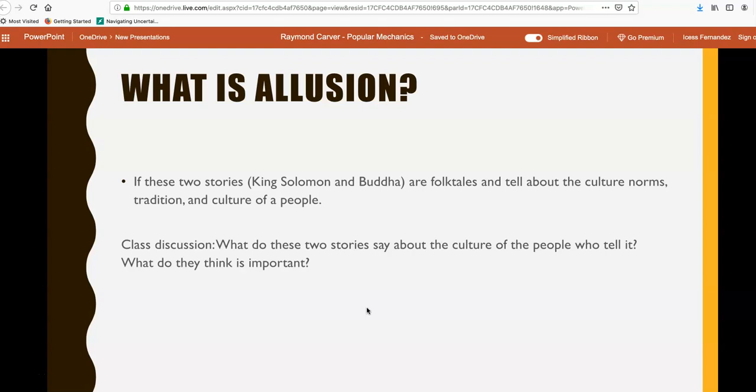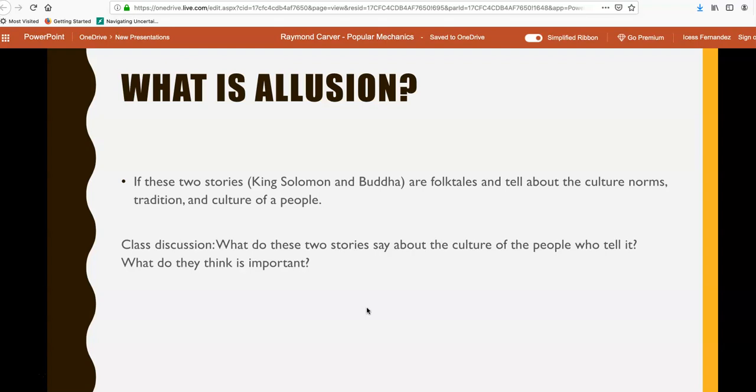So what do these stories say about the culture of the people who tell it? What do they think is important? This is something we usually do in class and we talk about in class, but this is what I want you to think about, especially if you're thinking about how to approach the journal and how to approach the argument. What is this story telling about what is important in our lives?